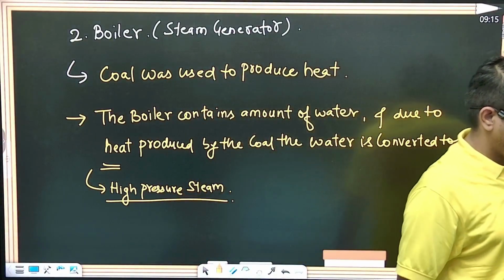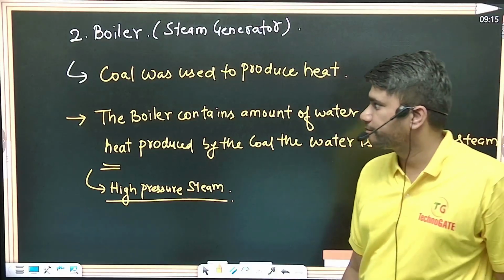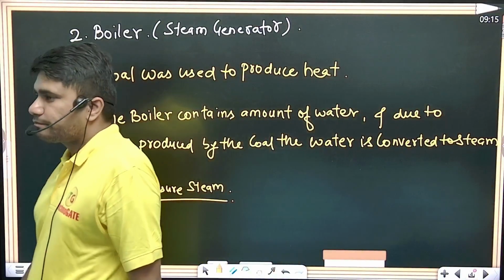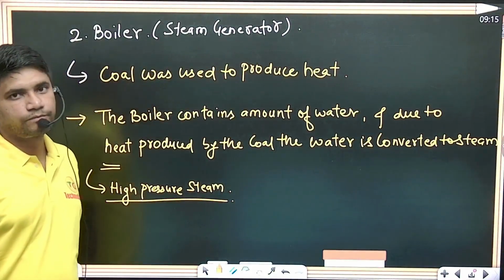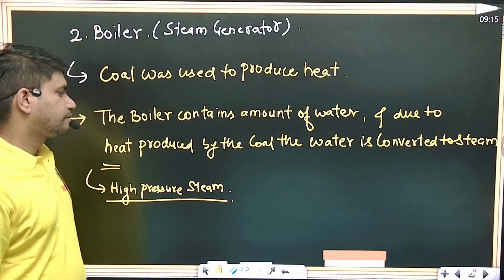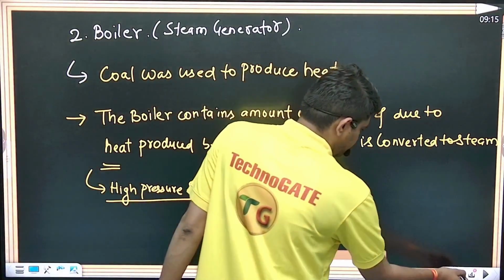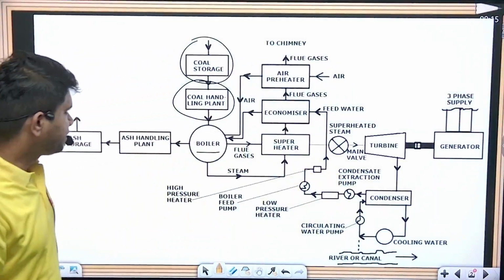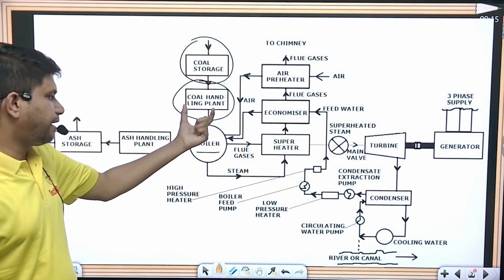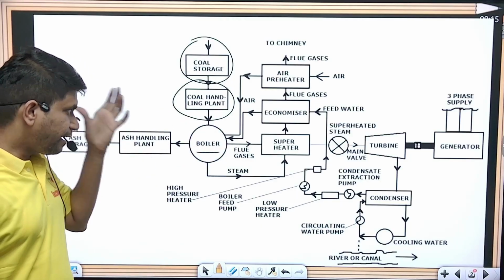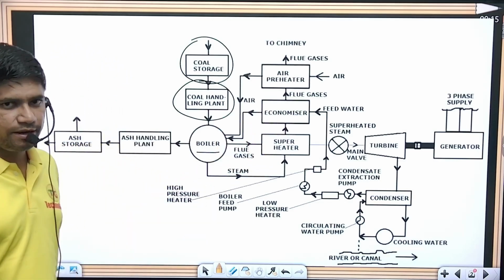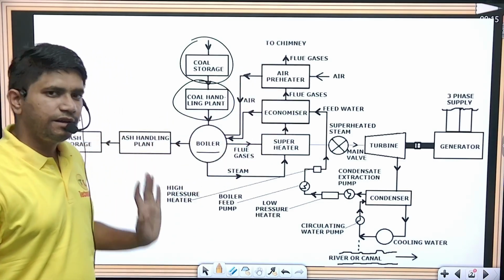It is a high pressure steam. Now, what we have understood till now is the coal handling plant, then the boiler. Now we will try to understand these few parts.